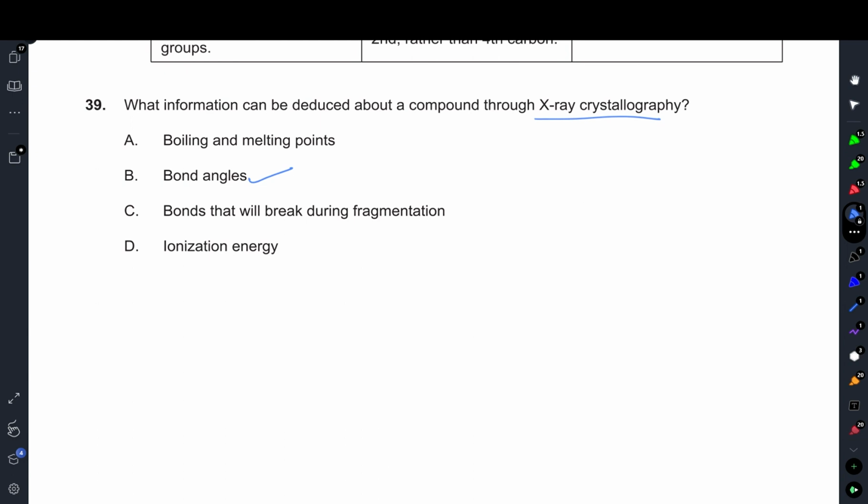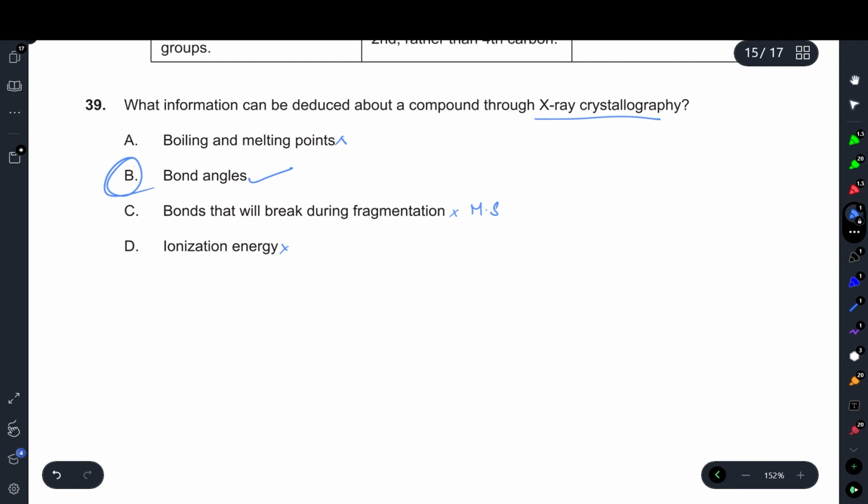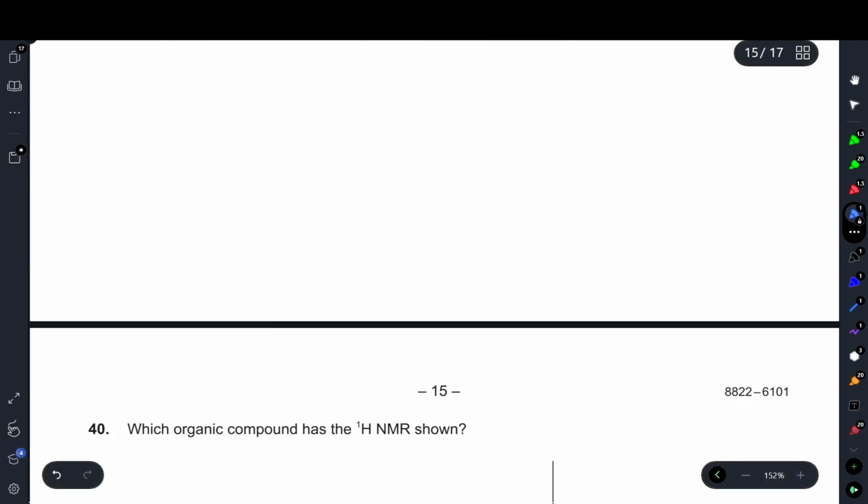You know that the structure of DNA was found by Rosalind Franklin, and how her experiments deduced the bond angles and bond lengths of DNA. It does not give you boiling and melting points, nor does it give you bonds that will break during fragmentation. This is mass spectroscopy. So question number 39 is option B.